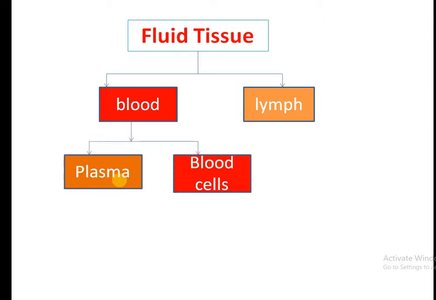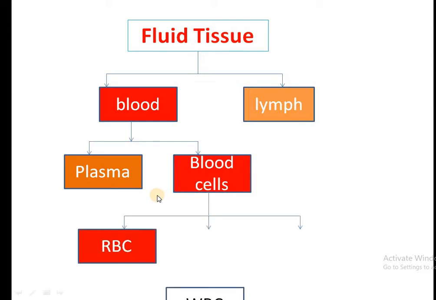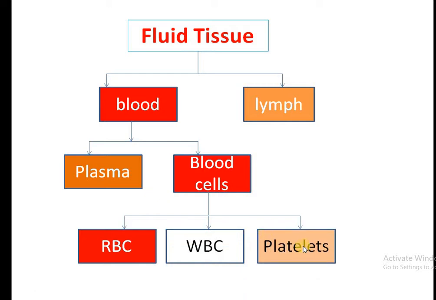Blood has two important components, that means plasma and the blood cells. Plasma is the liquid part and blood cells are the cellular part. Blood cells are of three types, RBCs, WBCs and the platelets. RBC, red blood cells, WBC, white blood cells.